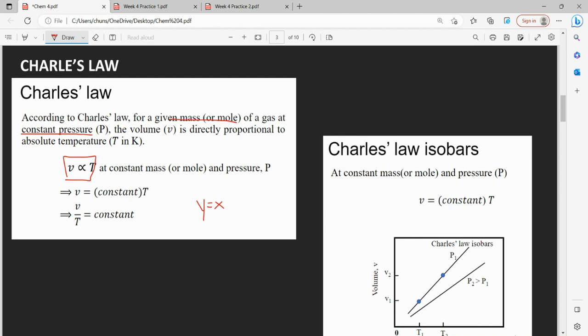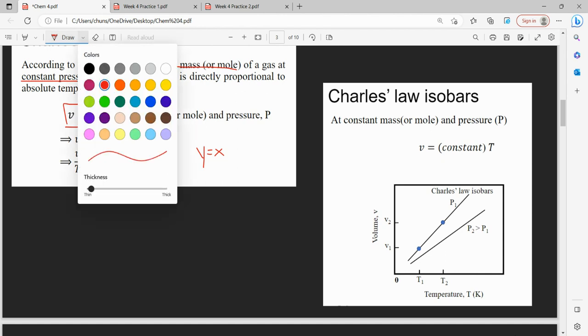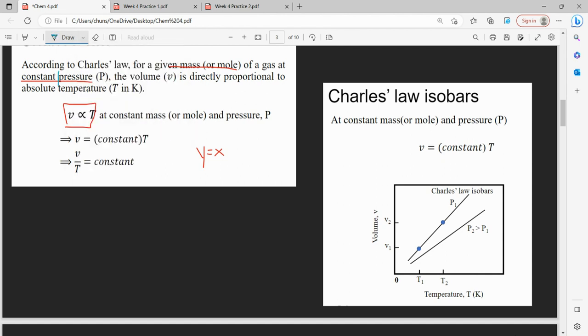Because it's directly proportional. So since we are keeping a constant pressure, that should cue us that we are using isobars, same pressure, isobaric, right? And because this process is linear, since our volume and our temperature are directly proportional to each other, we can expect our plot to be linear in the positive direction.